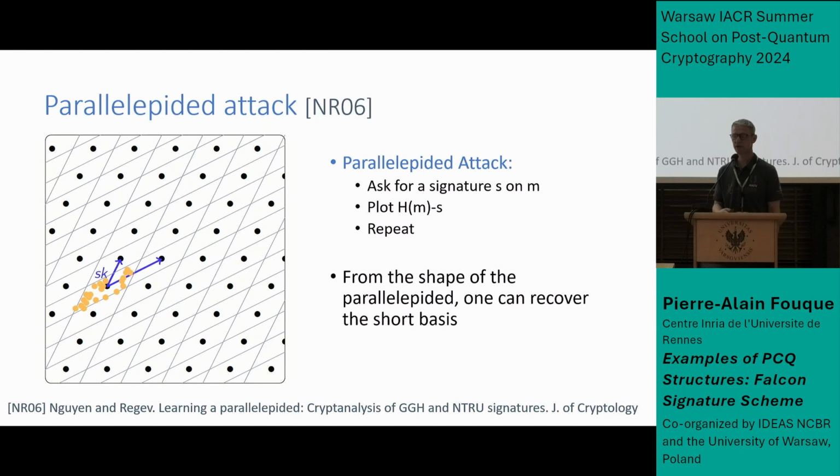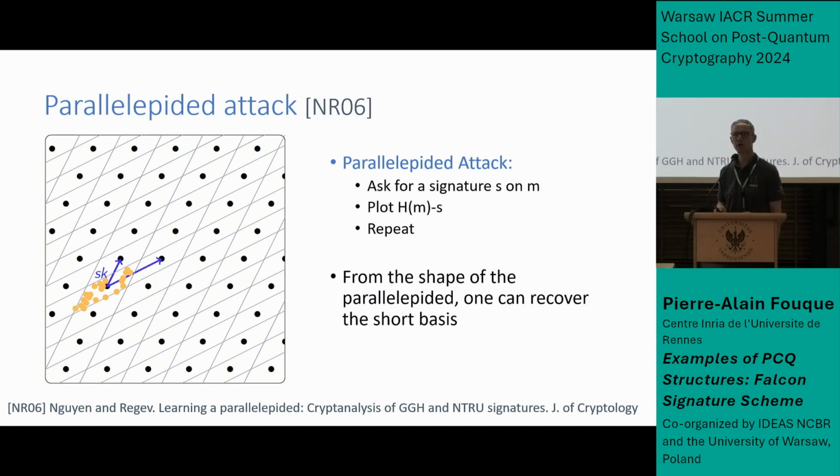This is a very important attack because it just uses some statistics, and it has also been used to make a side-channel attack on Falcon, because sometimes, if you have some side information, you can use it to gain information and recover exactly such a parallelepiped.